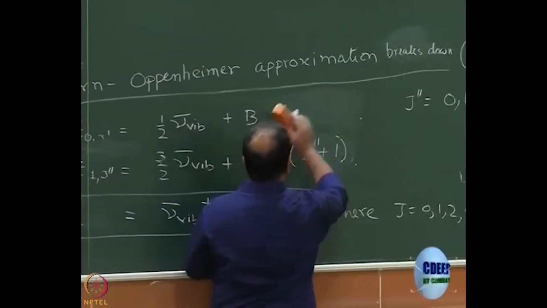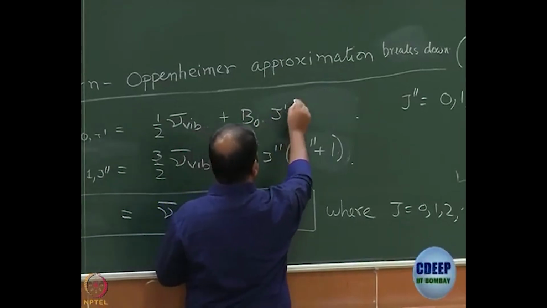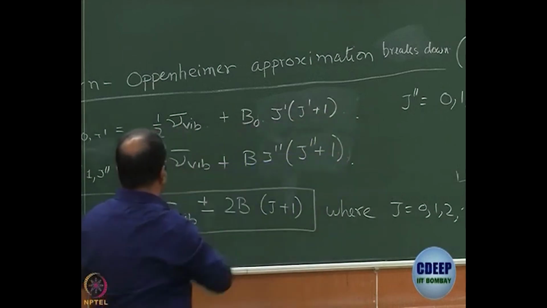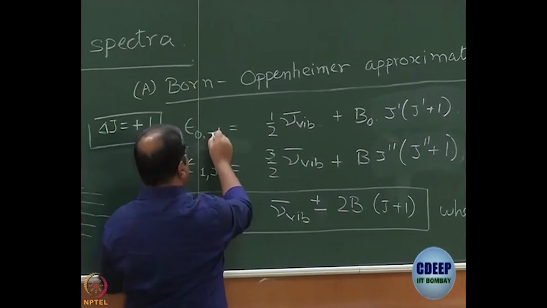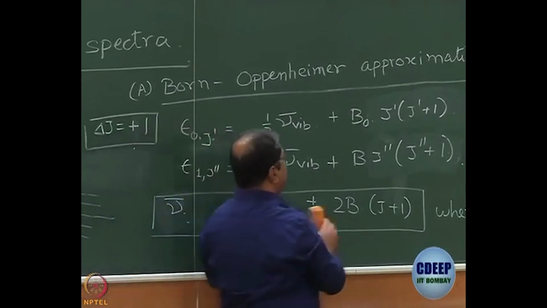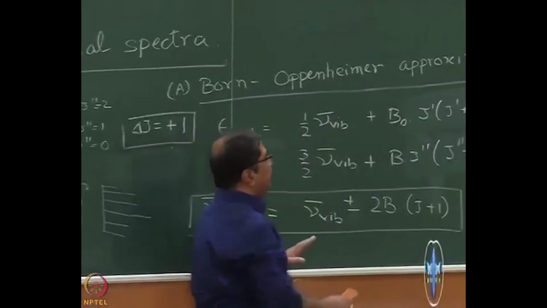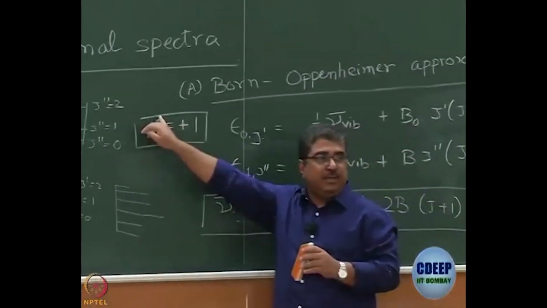I will have to reset all this. B0 J dashed into J dash plus 1. This one is, sorry, B J double dashed into J double dash plus 1, and we are talking about delta J equal to plus 1.